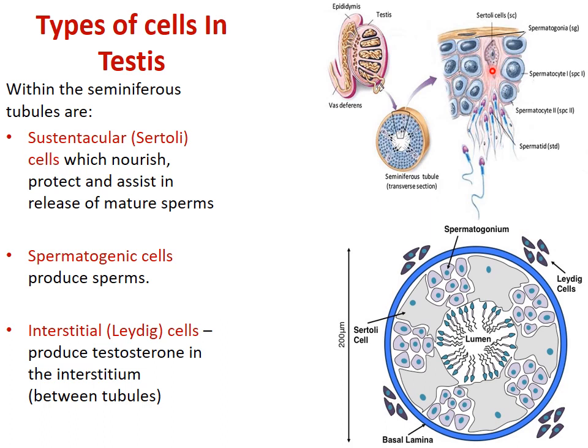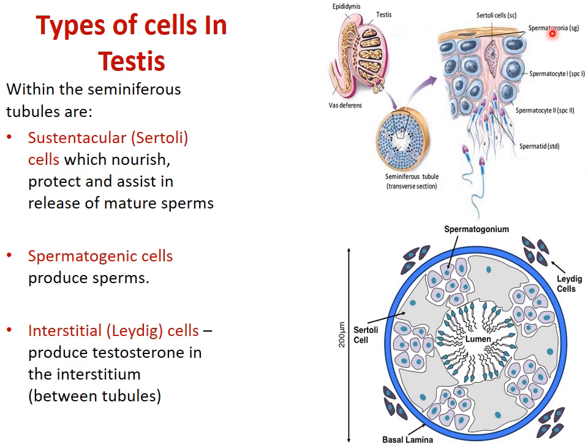One is this cell, with the pink color. This is the nucleus of the cell, called Sertoli cells. Sertoli cells, or sustentacular cells, sometimes called supporting cells, nourish, protect and assist in the release of mature sperm. This is the mother of the process of spermatogenesis, and these are the cells that are protected and nourished by the Sertoli cells, and these are the daughter spermatids that are formed as an end result of the process of spermatogenesis.